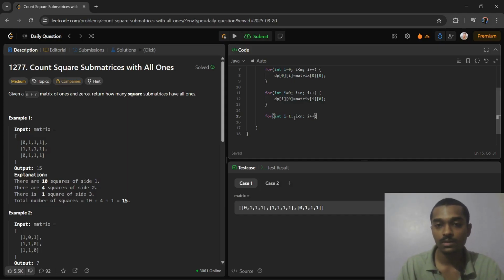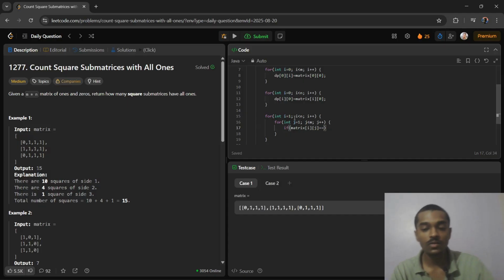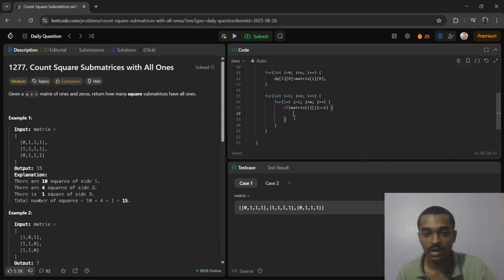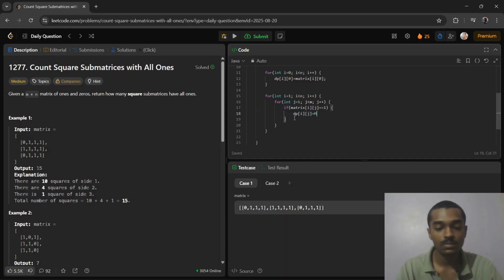i plus plus. For int j equal to 1, j less than m, j plus plus. Now we have to check if matrix of i comma j is equal to 1, then we can proceed. If it is 0, then we can't make any submatrix. So we have to take the minimum of the upper cell, the behind cell and the diagonal cell.